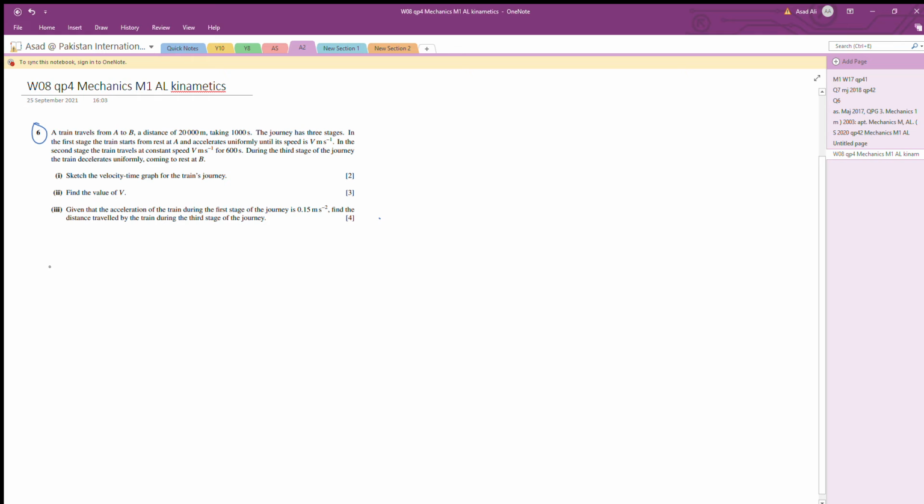Very simple thing. We have the speed time graph here, and I'm getting the sketch of this question. This is your starting point, let's say 0. Now point A here, this is the origin. Now this total distance is 20,000 meters, and the journey has 3 stages.